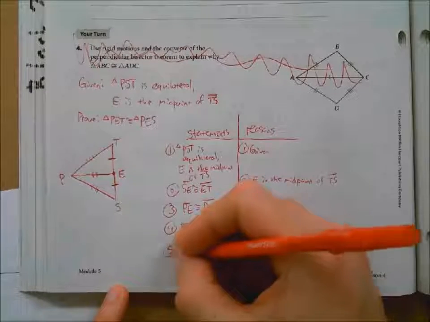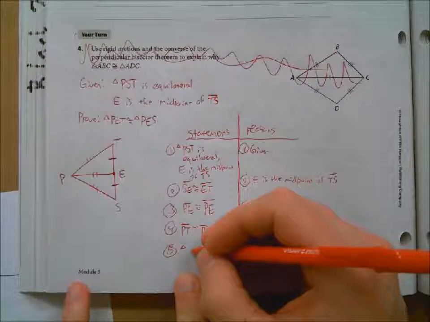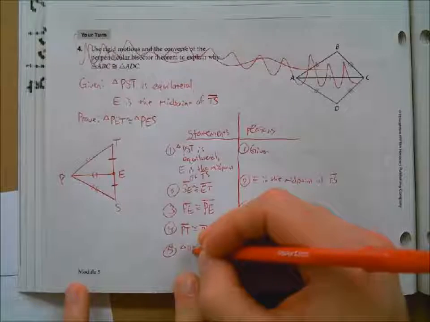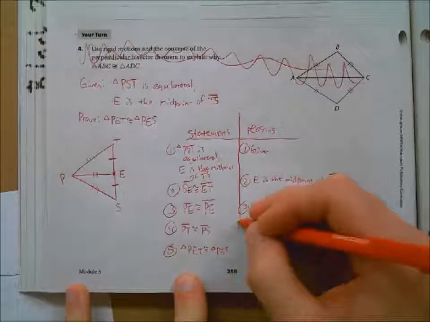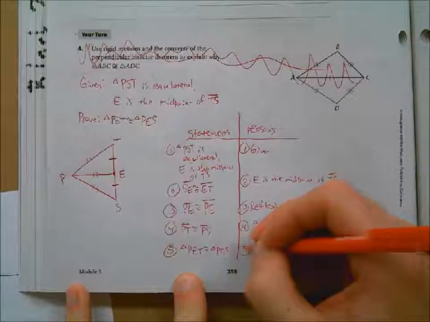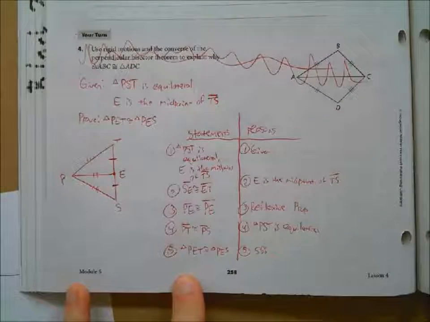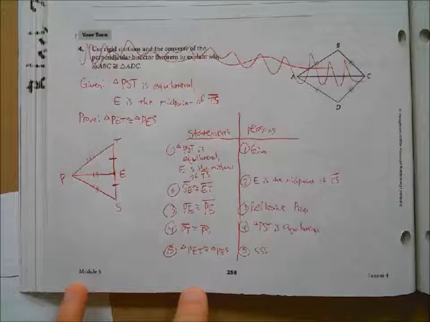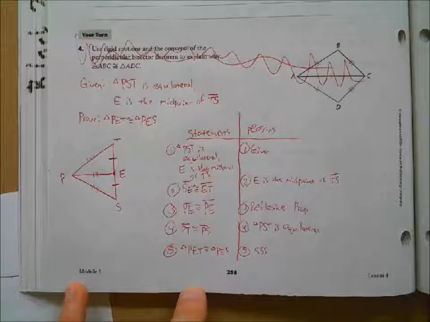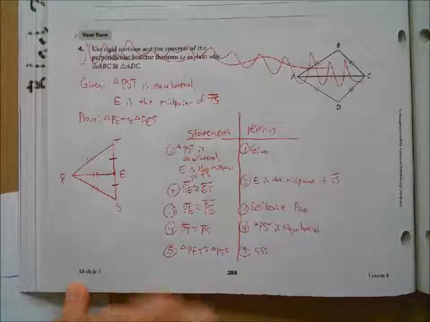So triangle PET is congruent to triangle PES by side, side, side. Questions on any of that?